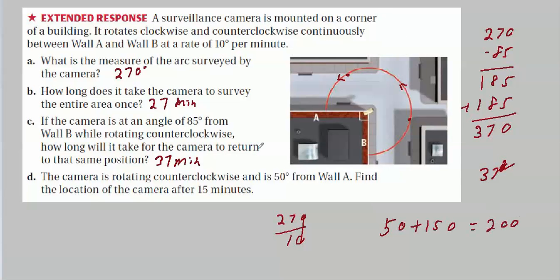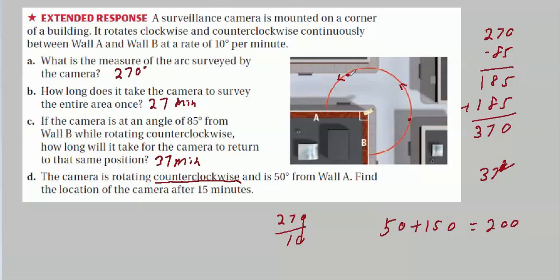Well, once again, I've misread something here. I thought they were doing this problem the opposite of the previous one, but they're not. It's 50 degrees from wall A, and it's still going counterclockwise, which makes total sense, actually, I guess.